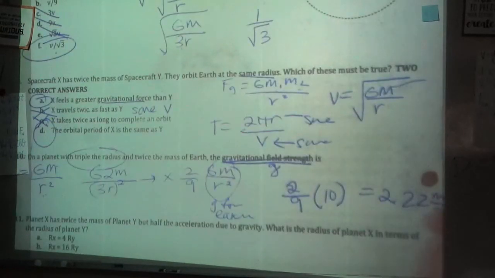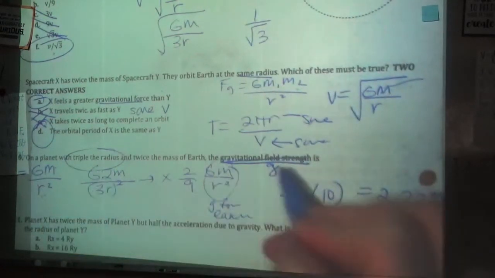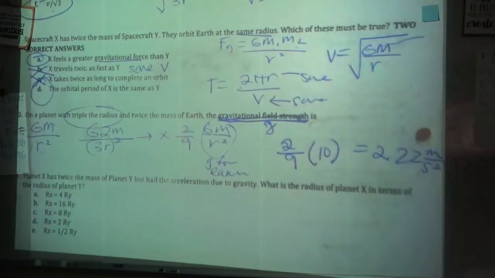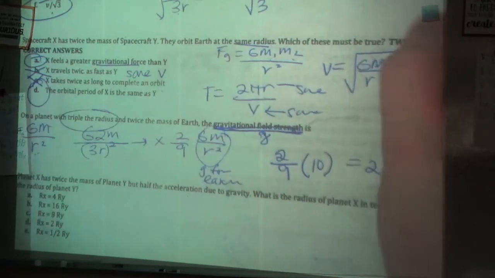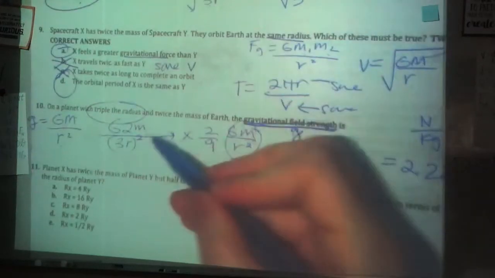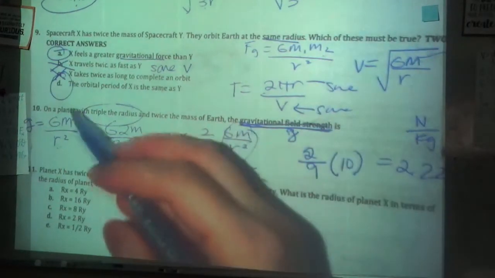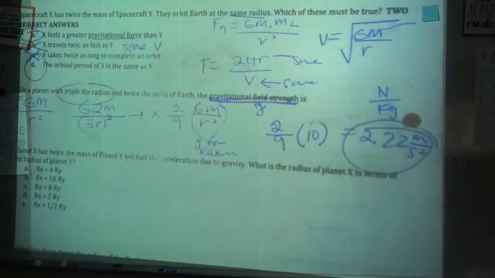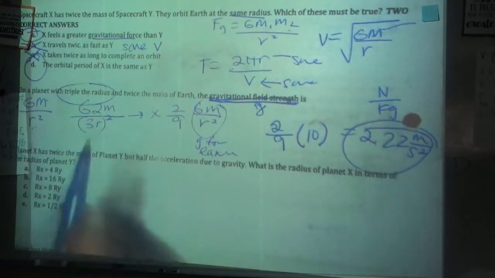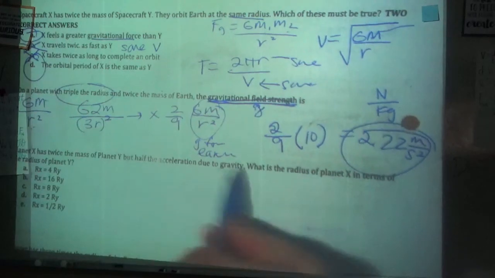And technically it's meters per second squared because we are talking about little g, the acceleration due to gravity. That means the same thing as the gravitational field strength. Or you can call it newtons per kilogram because we divided a force by a mass, but it doesn't really matter. 2.22.